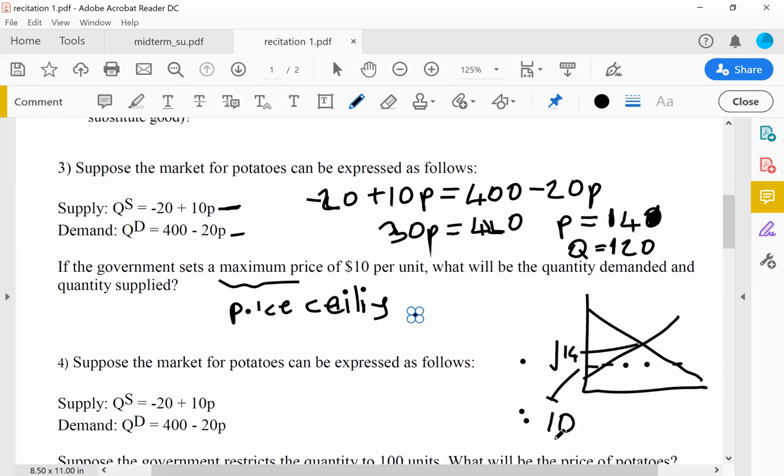Then we are asked for the equilibrium price and the equilibrium quantity. So the equilibrium price will be, what will be the market price? It will be 10.